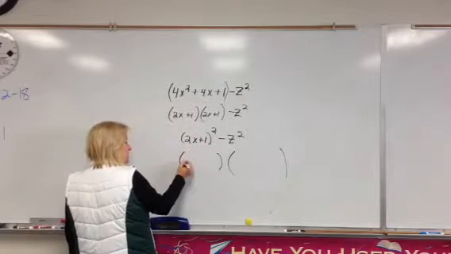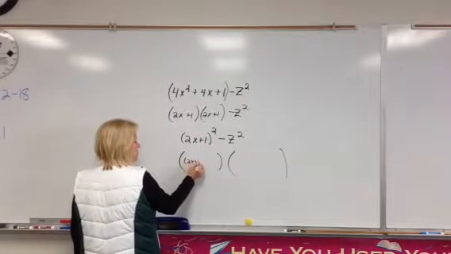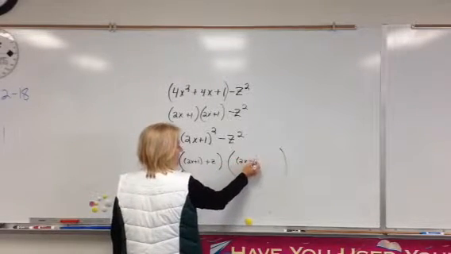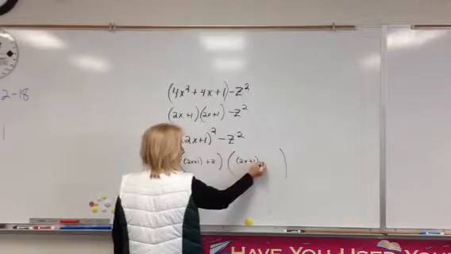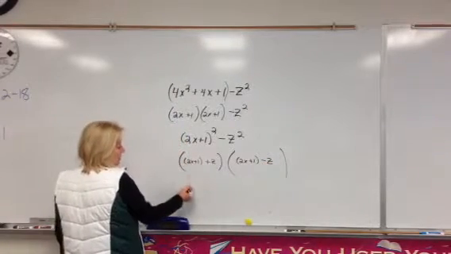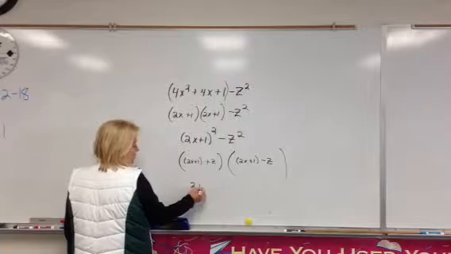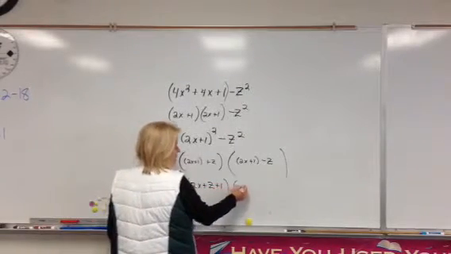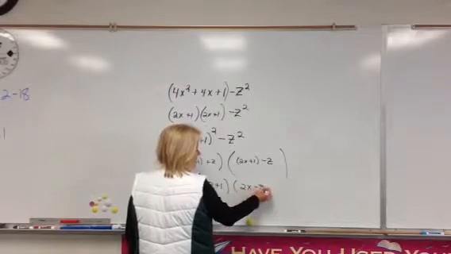Take one of these, 2x plus 1 plus z, and 2x, no, plus 1 minus z. Which really you're just going to want to go in alphabetical order. 2x plus z plus 1 times 2x minus z plus 1.